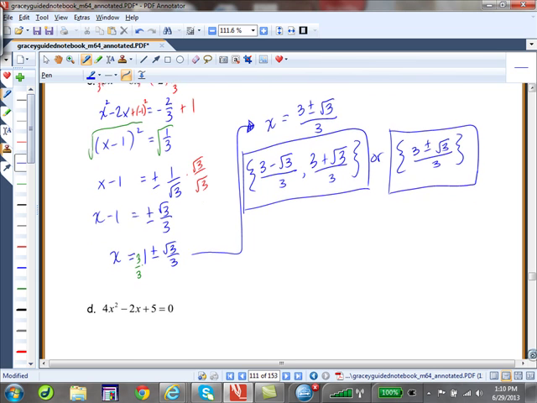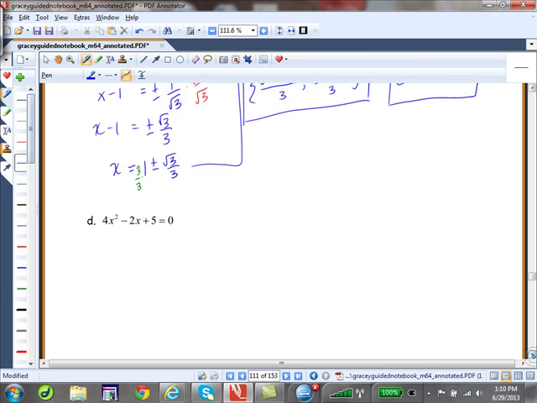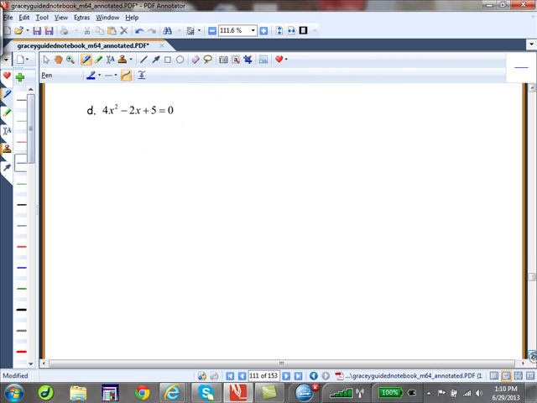Okay, well, if you feel confident, as always, at any time, you can go ahead and try these on your own. Otherwise, just follow along. So here we go. Again, we need to get 1 in front of the squared term. So I'll do that first. I'm going to multiply both sides by 1/4.